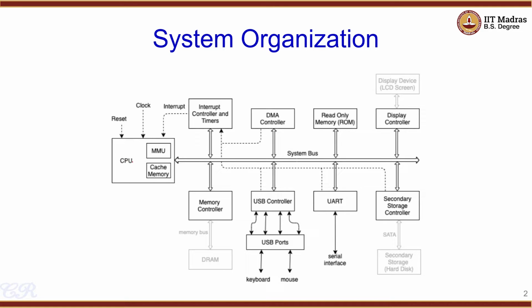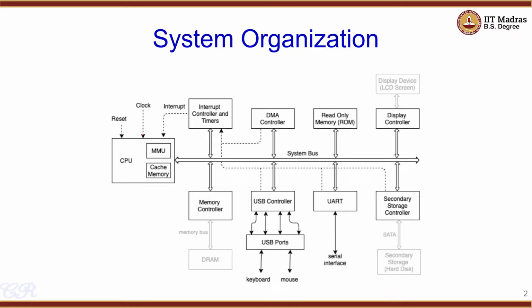These processor cores could have a single hardware thread or multiple hardware threads. Any program that you execute in your system essentially comprises instructions which get executed within this particular CPU, right?